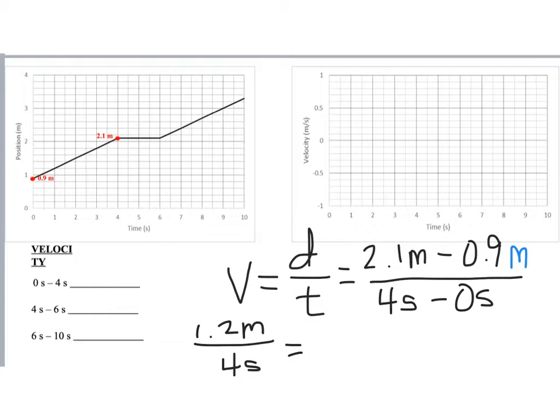If you put that in your calculator, you end up with 0.3 meters per second. So that's our velocity for this first part of the line between 0 and 4 seconds.